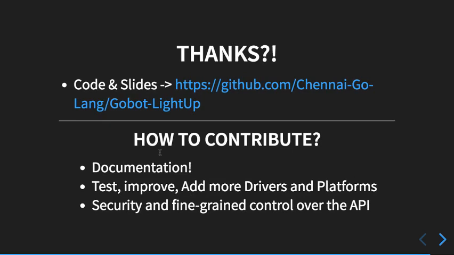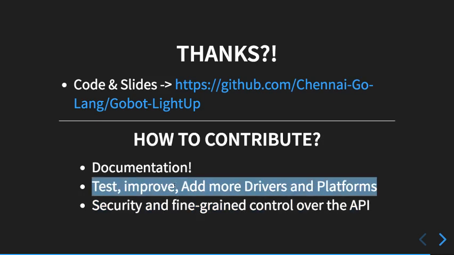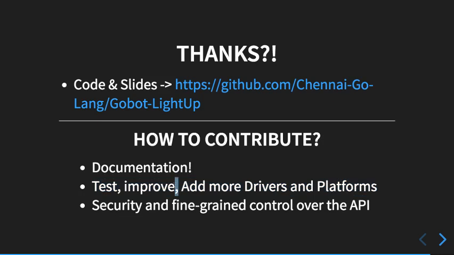The code and slides are available on GitHub. One thing about Gobot which we found limiting was that there is no security and fine-grained control over the API. Everything is exposed. Exactly, like the S of security in IoT.